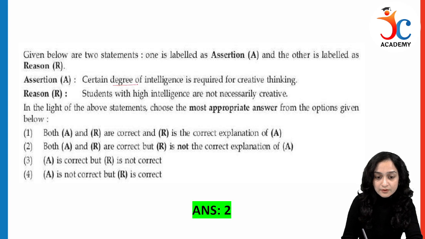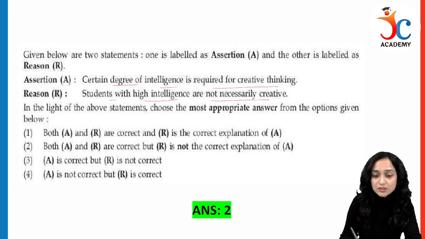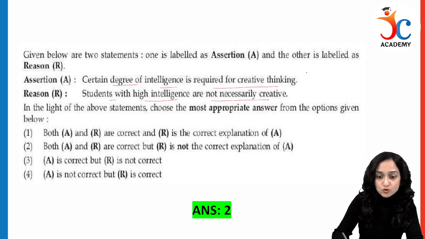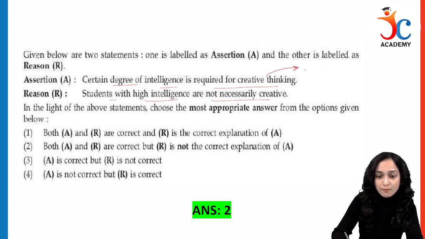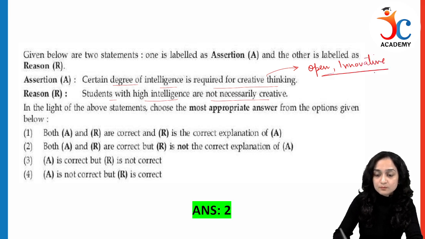Next question, assertion reason. Certain degree of intelligence is required for creative thinking. Students with high intelligence are not necessarily creative. Both statements are correct. For creativity, it does not include only art and craft, but how open or how innovative you are to new ideas or opinions.